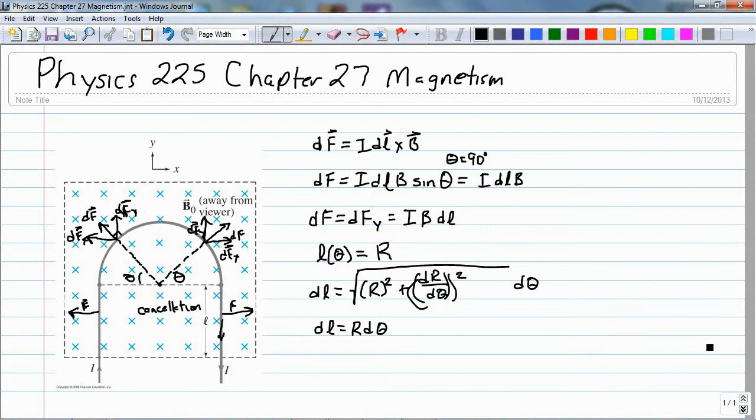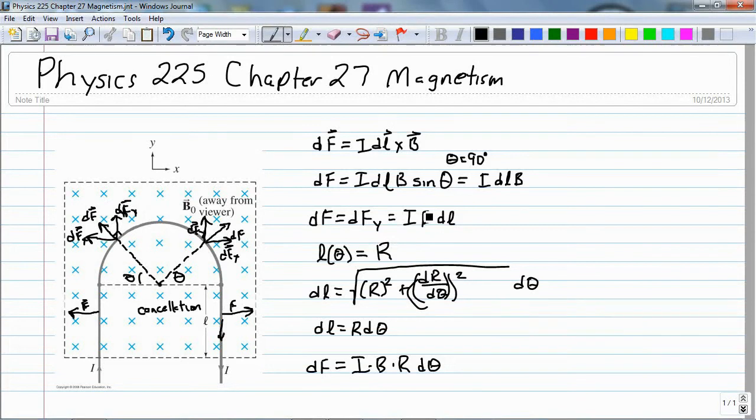So now we can make our differential force equal to I times B times R d theta.